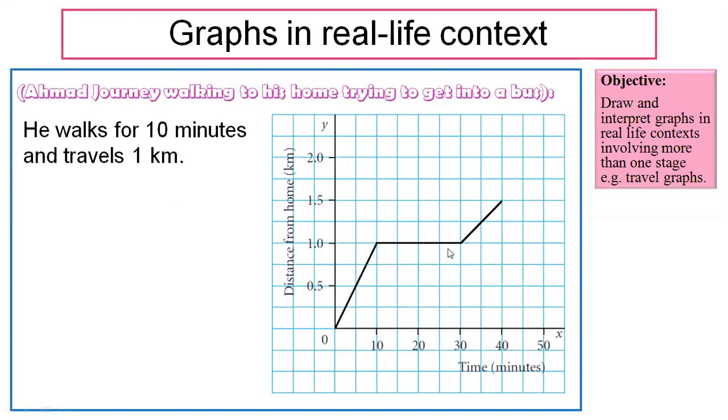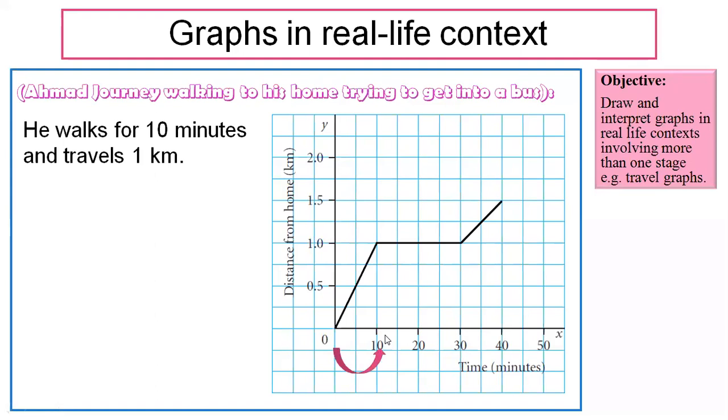Why did we say stopped, not walking at a constant speed? Because we have distance on the y-axis, not speed. So here he stopped. For how many minutes did he stop? From 10 to 30. So he stopped for 20 minutes, not moving.